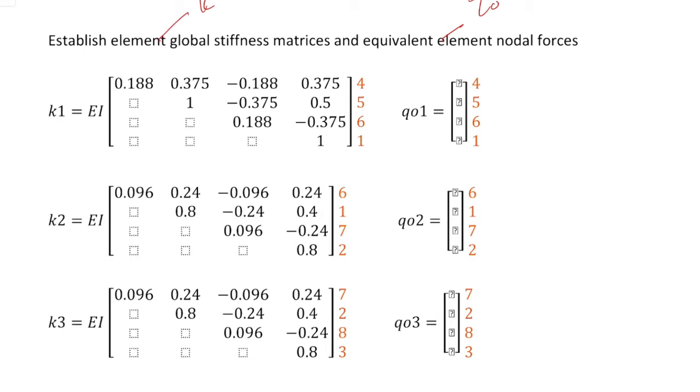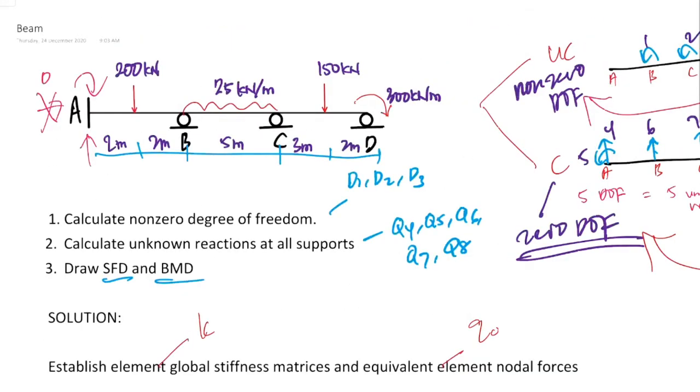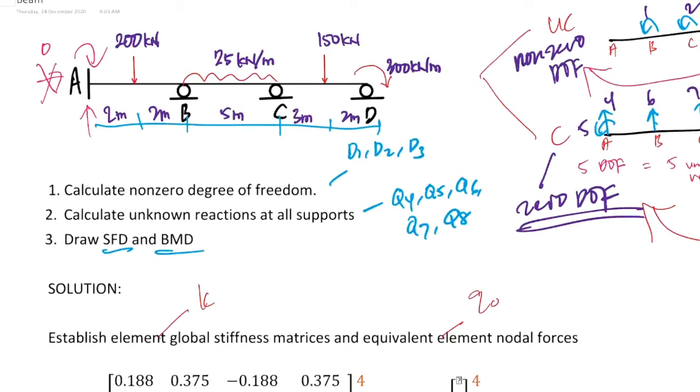Okay, so now we want to calculate Q naught 1, Q naught 2 and Q naught 3. So we need to refer back to the main diagram. In the main diagram, AB is a member with a vertical load subjected at the center of member AB.